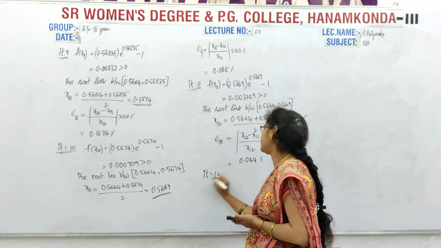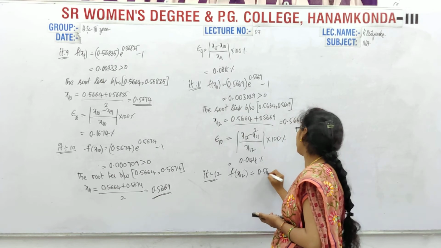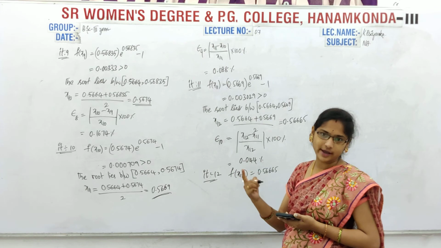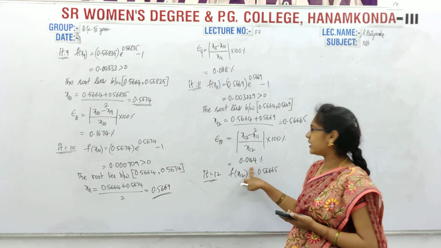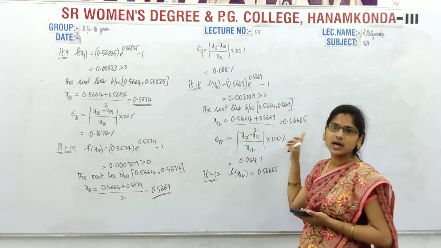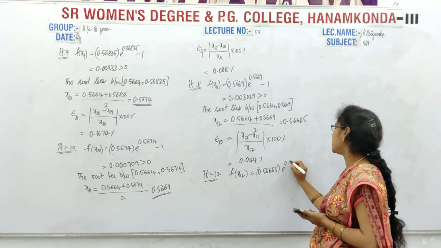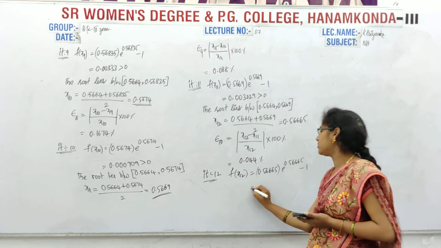Iteration number 12. Now f of x12 equal to 0.5665. Actually I have to get that 0.05 tolerance mark. So of course it is a less value, but here almost I have the same value. So that's why I am going for the next iteration, because there is a chance to get somewhat nearer value to the root.